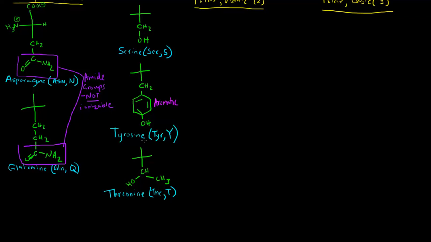Anyway, so why did I write these 3 like this? The reason why is because they all have an OH group, a hydroxyl group, in their side chain. And the reason why that's important is because all 3 of these, I'm going to number them, 1, 2, and 3. I guess I might as well number those 4 and 5 in just a moment.